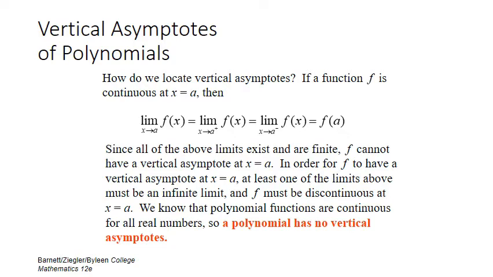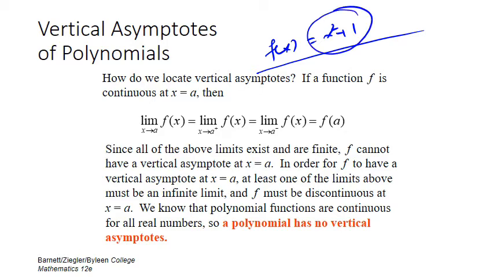For example, if you have a polynomial, like x squared plus 1, or any function that is not a rational function, there is no point where this function is undefined, so it does not have a vertical asymptote. A vertical asymptote exists at a point where the function is undefined. For this particular function, we cannot find any single point where it is undefined.